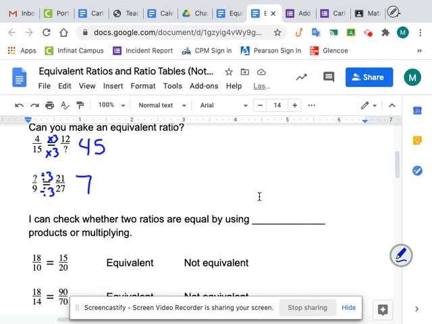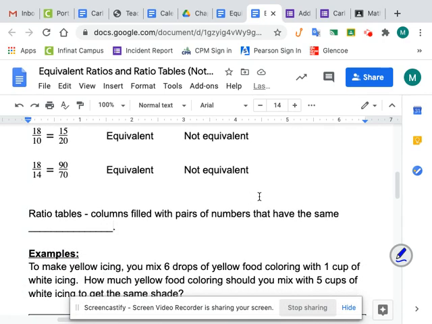If I'm already given the numbers, I can check whether those two ratios are equal by using cross products, or I like to say cross multiplying. You have to make sure you multiply the two numbers that are diagonal to one another.